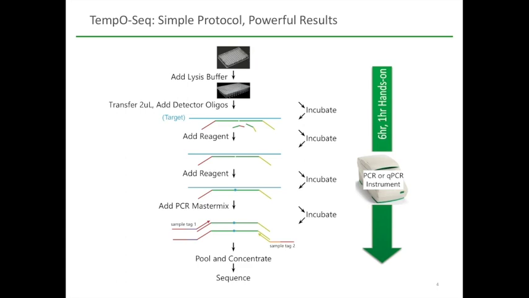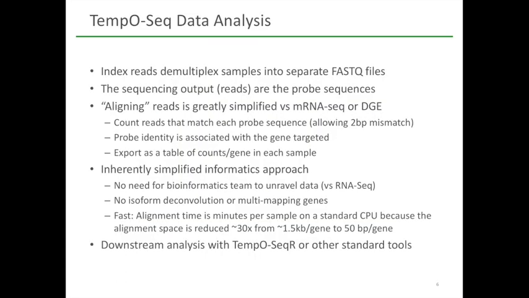The sequencer outputs FASTQ files that are demultiplexed and therefore separate for each of the samples input. Once you have these files, the bioinformatics steps are extremely easy.